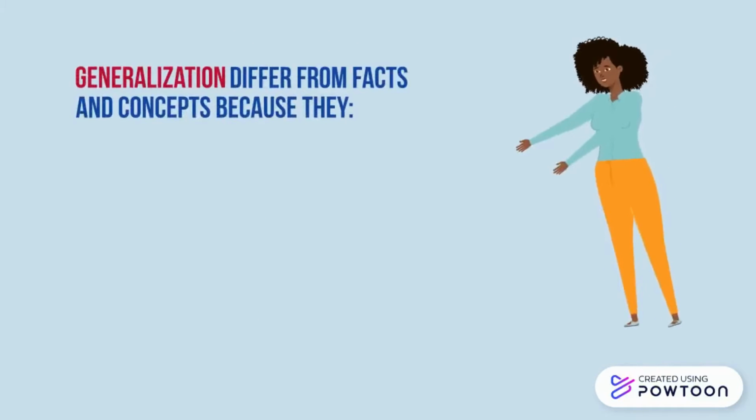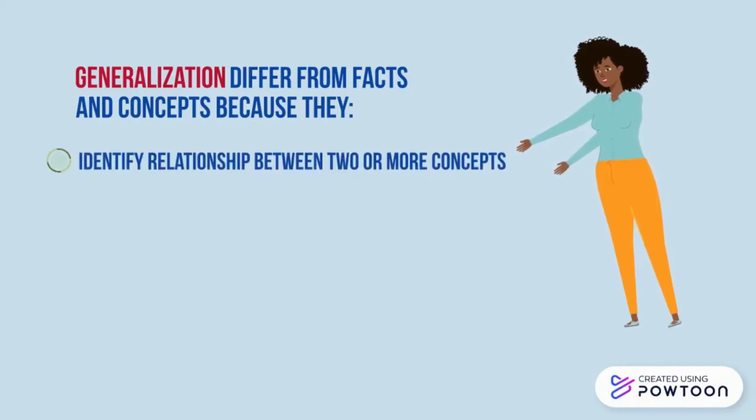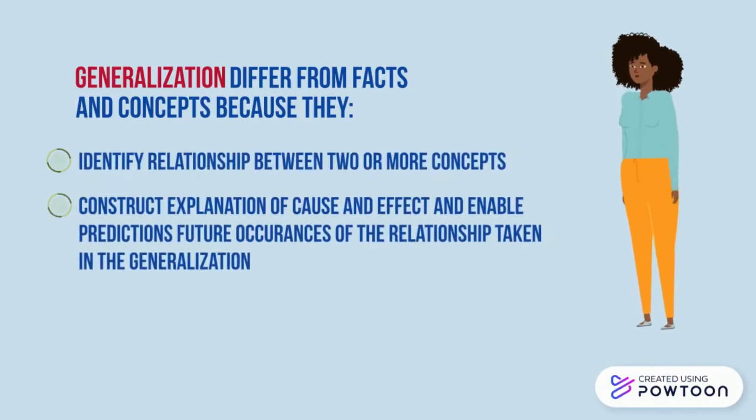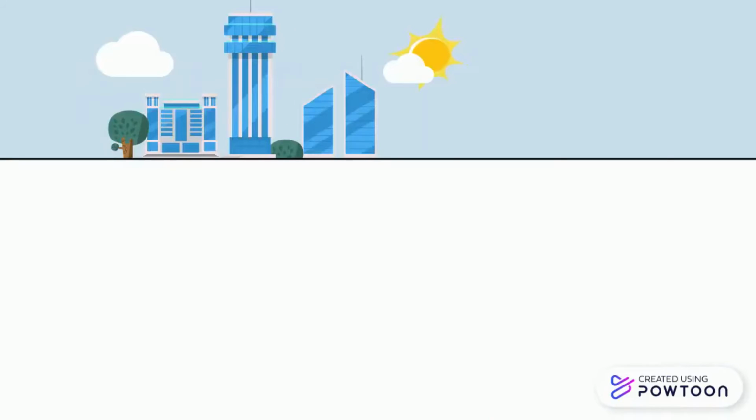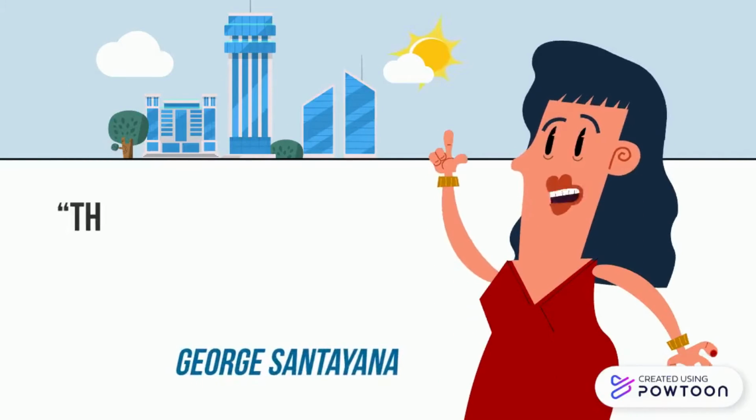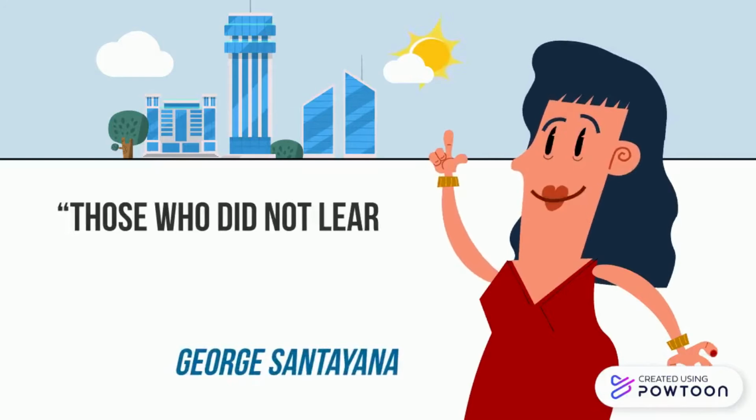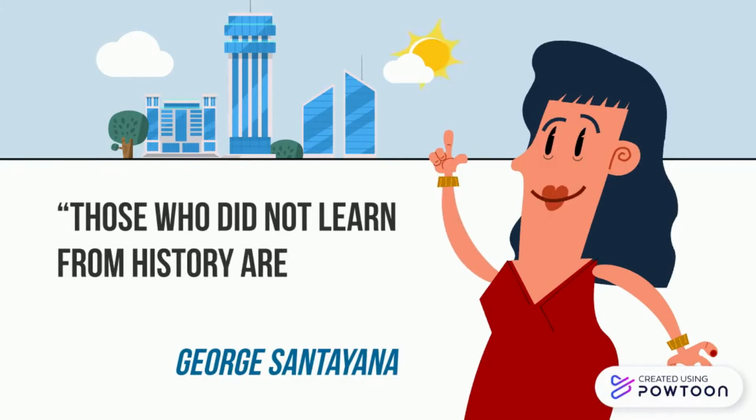Generalizations differ from facts and concepts because they identify relationships between two or more concepts, construct explanations of cause and effect, and enable predictions of a future occurrence of the relationship stated in the generalization. Hence the quote by philosopher George Santayana, "Those who do not learn from history are doomed to repeat it."